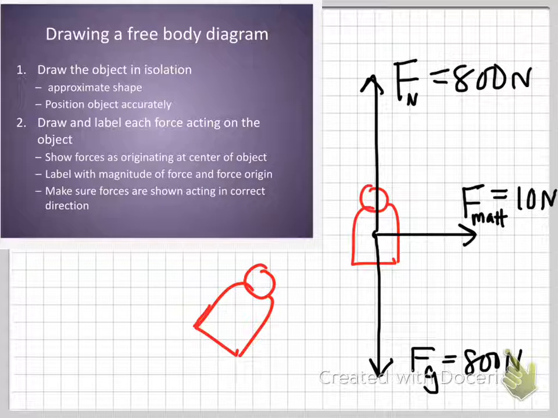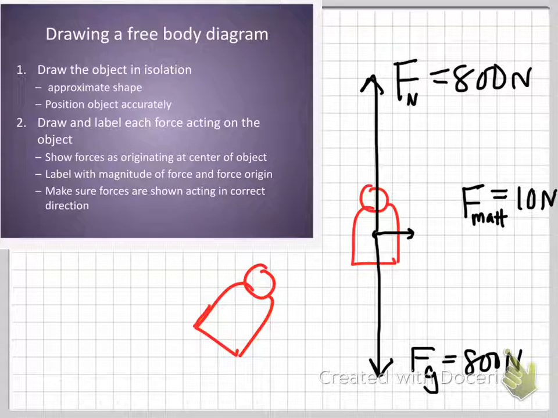We want to make sure that the forces are shown acting in the correct direction. And the other big thing is this, and I didn't do a great job on this. We're not doing graphical solves here. These don't have to be perfectly to scale, but a line representing a 10 newton force should not be the same length as a line representing an 800 newton force.